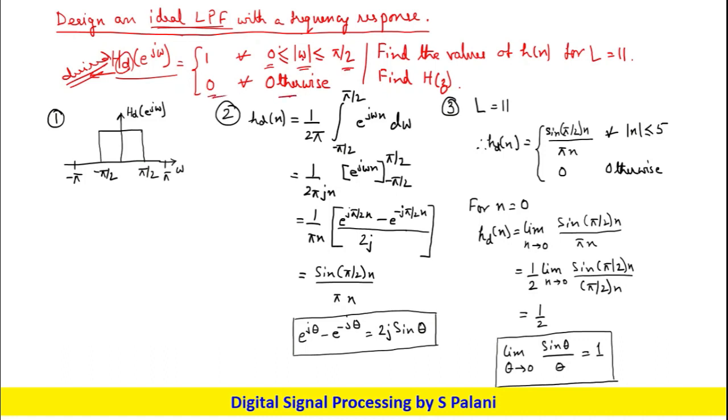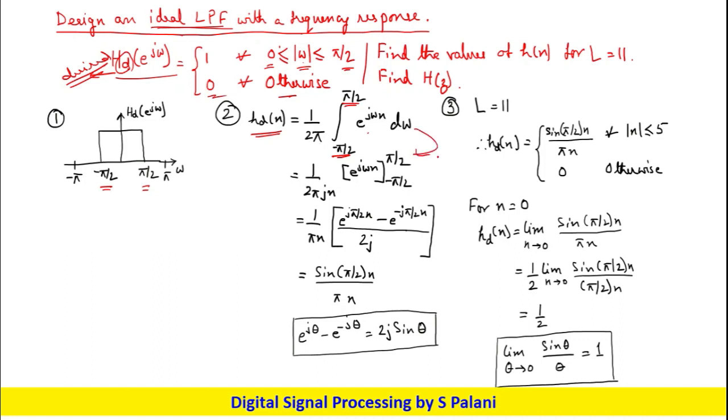So modulus of omega varies from 0 to pi by 2. That means omega would vary from minus pi by 2 to pi by 2. Simple.